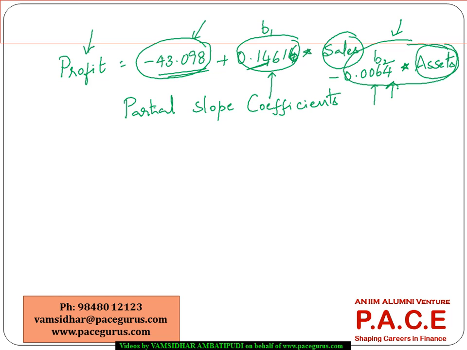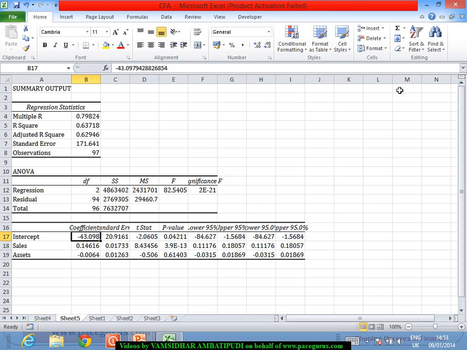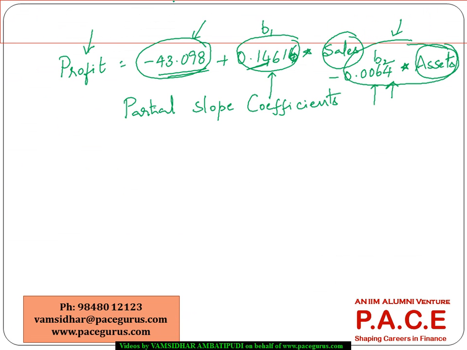Now that the coefficient and the partial slope coefficients are generated for us, my next objective is to test each of them for significance. I have to test each slope coefficient for significance.